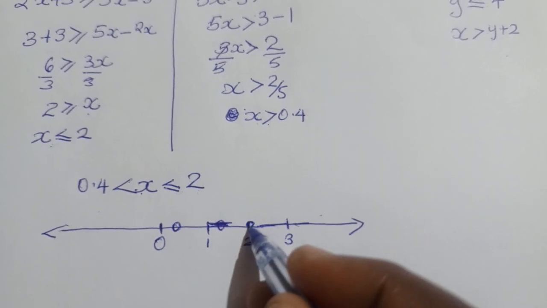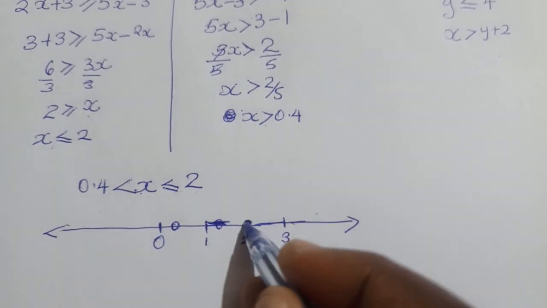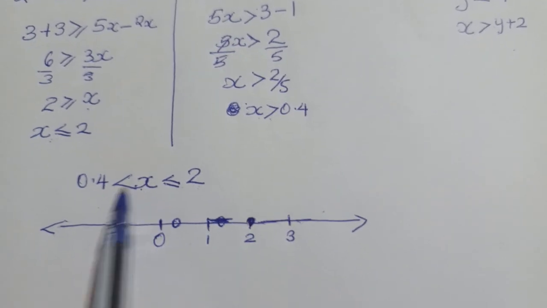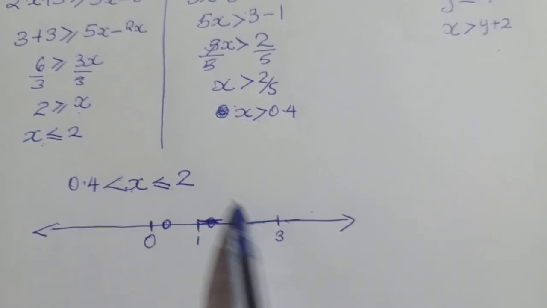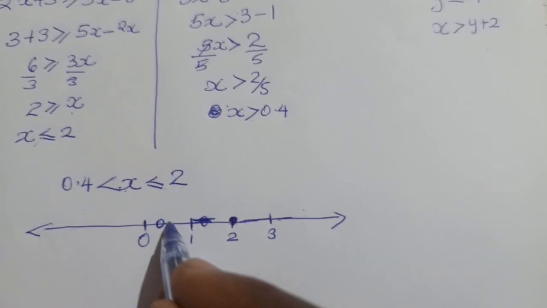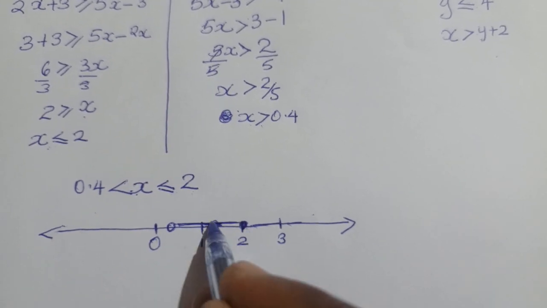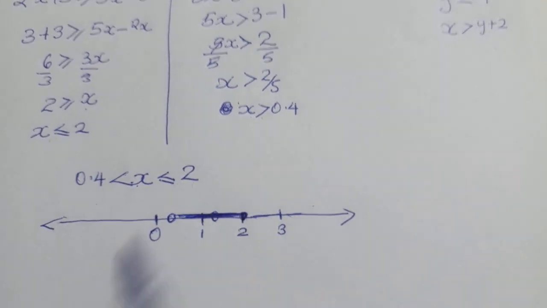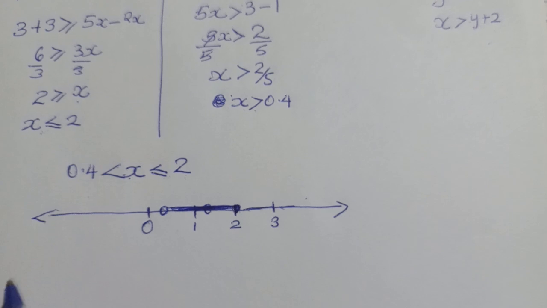So you locate 2. Now, because we are being told that x is strictly greater than 0.4, but less than or equal to 2, then this is the range of this. Now, from here, you can pick the whole numbers, the integral values.